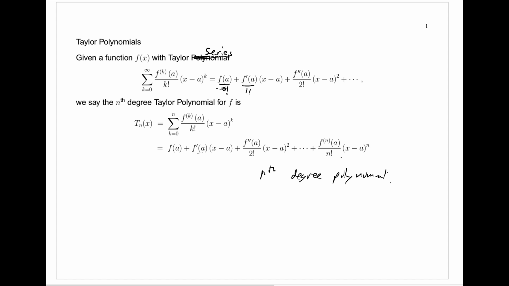Now, what are Taylor polynomials about? Well, under nice circumstances, and this will hold for many functions, the original function f will actually equal the Taylor series, at least for x in some interval centered at a.